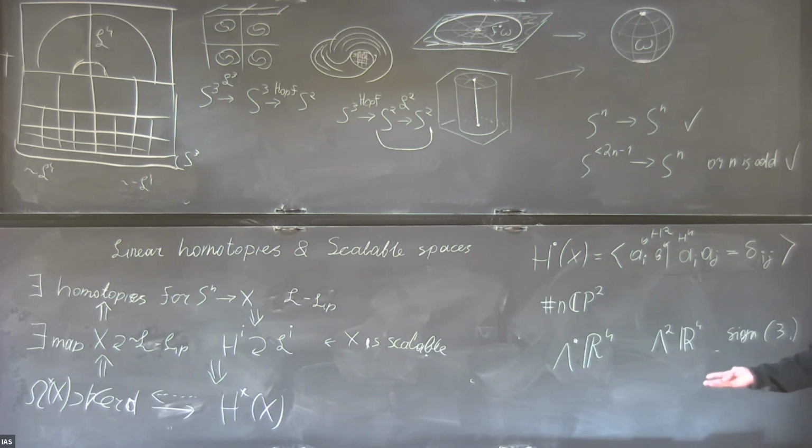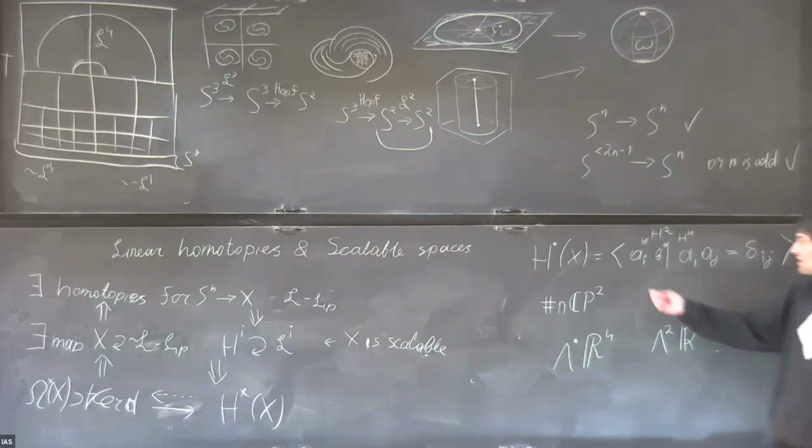But if there are more than 4 of them, then I don't know what to do with them. And he realized that I actually was representing differential forms that have 0 product with each other. And that's how we got there.